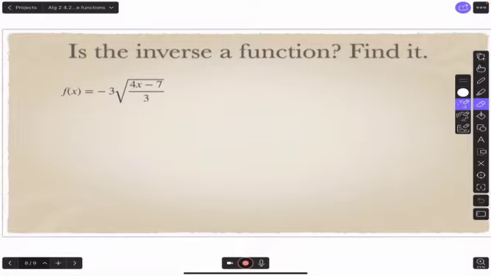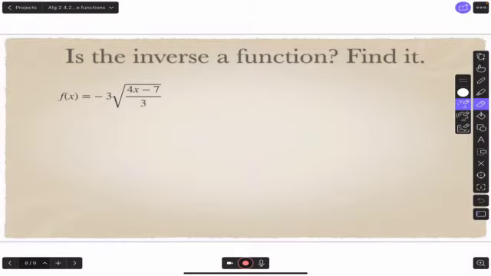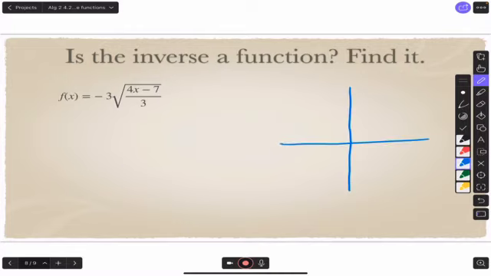So I'm going to draw a quick sketch of him over here. And he looks something like this. And he does have an inverse, and we can approximate what that inverse looks like. We'll start there, and let's see if we can get him to go in the right direction.